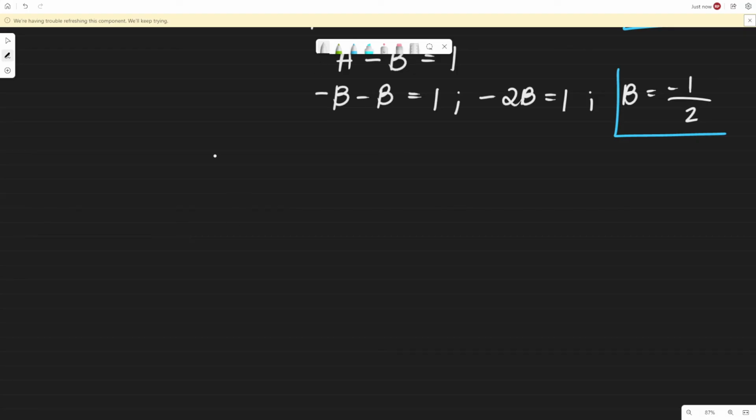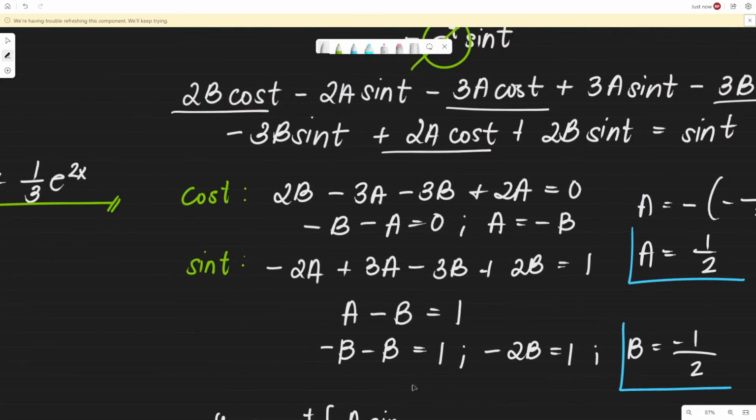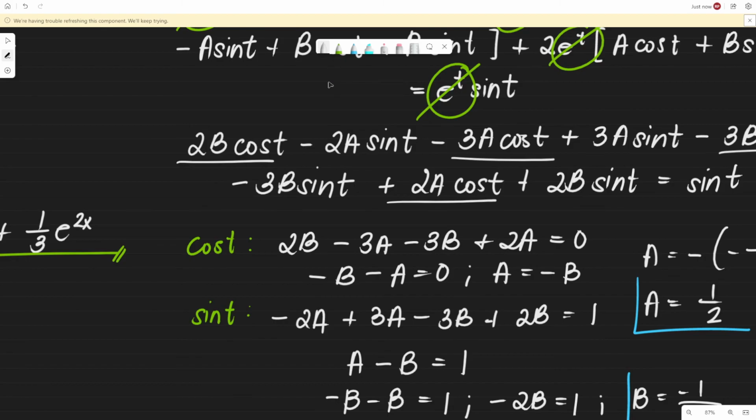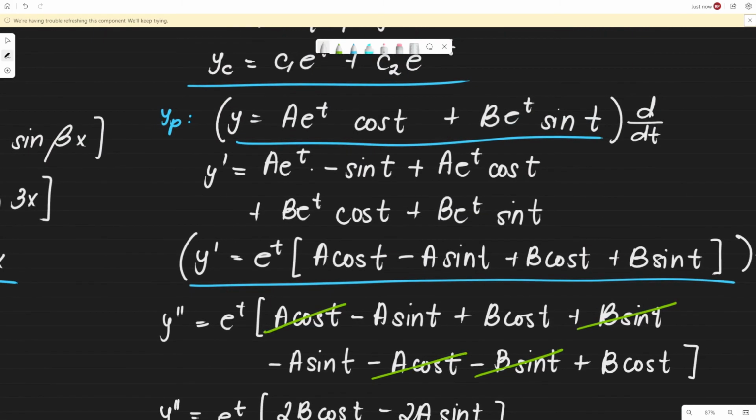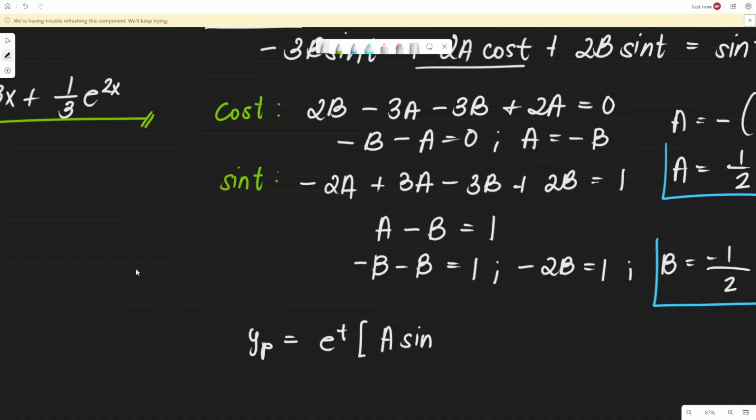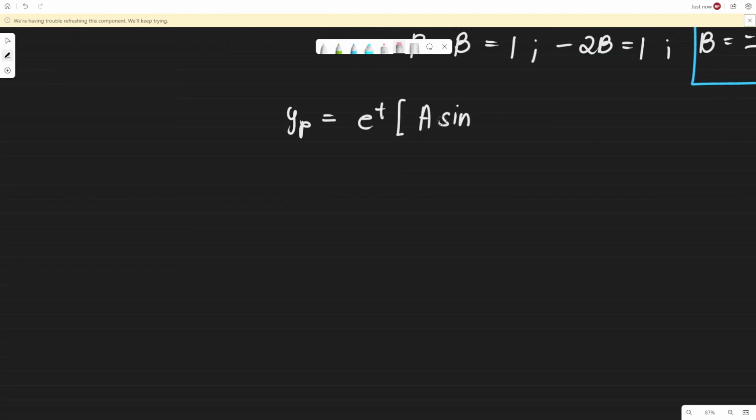So yp is equivalent to a. Sorry. Factor out ko na si e^t. A cos t pala. Sorry, cos pala yung una kong ginamit. So yun, be careful on that. Dapat kung ano yung ginamit nyo sa una, yun din yung gagamitin nyo sa dulo.